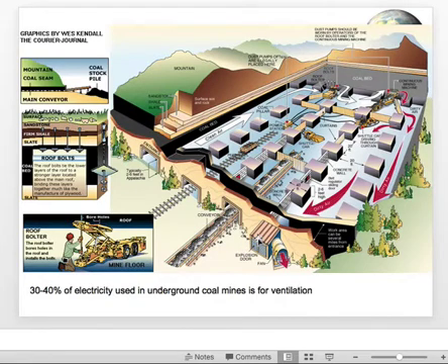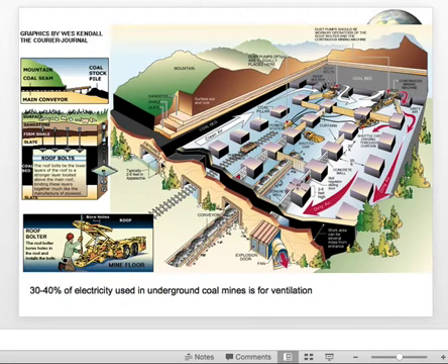And as the coal gets deeper, the coal mine gets larger and larger. Sometimes you swap out and do larger fans or add additional fans in the process to allow you to get the flow that's necessary. In this particular case, you can see that the coal is being mined at this particular face.